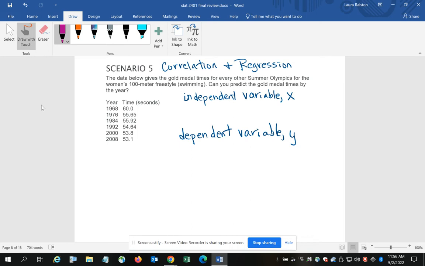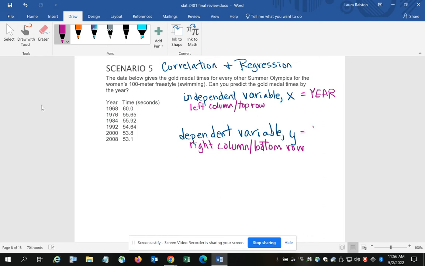Typically, the left-hand column, or if it's in rows, the top row of a table is going to represent your independent. That is the year. The independent is the variable that you as an individual can choose or can manipulate. Similarly, then, the dependent is in the right column or the bottom row.